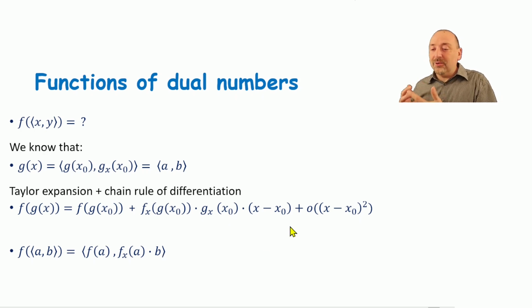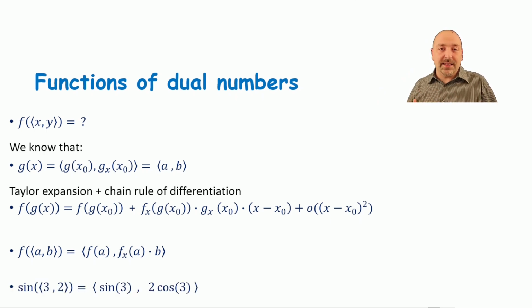We have found the way to take any function, feed the function with a dual number as an input, and get a dual as an output. We can take an example, just to understand. If you have a sine that is taking as an input the dual 3, 2, then what do you get as an output?